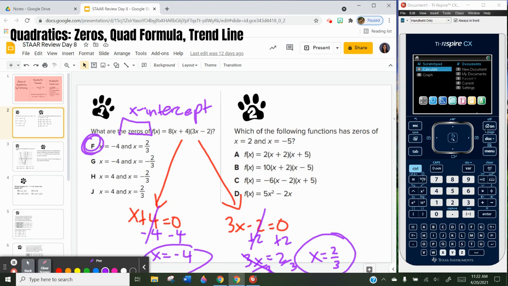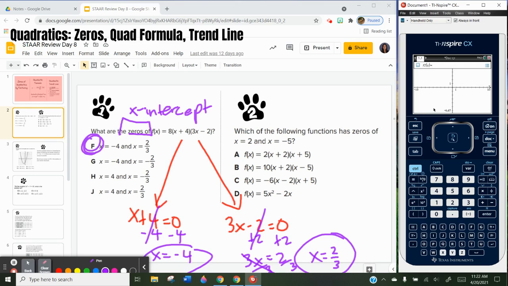Now you can always double check it by going to your calculator, going to the graph, and typing in your equation, which says 8, parentheses, x plus 4, and then your other parentheses, which is 3x minus 2. Now, when I type it in my graph, what am I looking for? Well, I'm looking for the zeros where it hits the x-axis. So to do that, you're going to go to menu 6, 1, so analyze graph and find the 0.